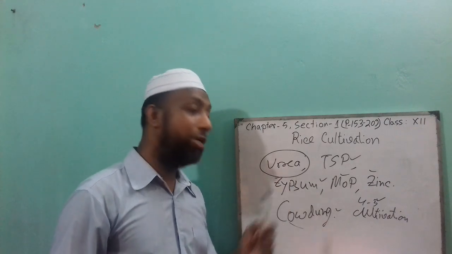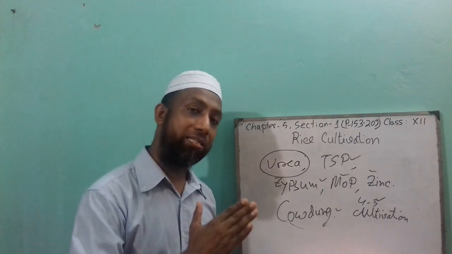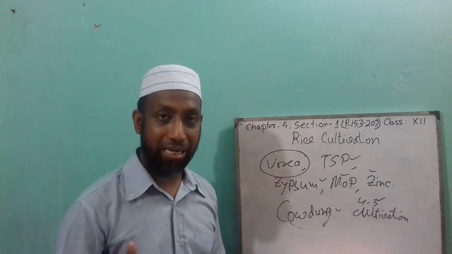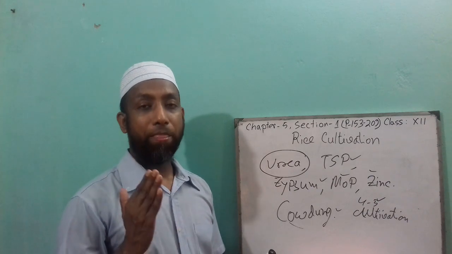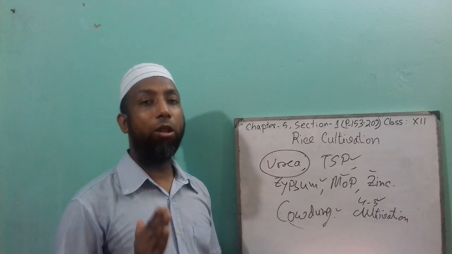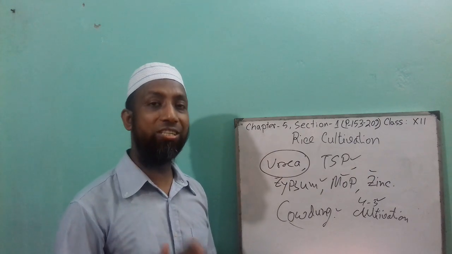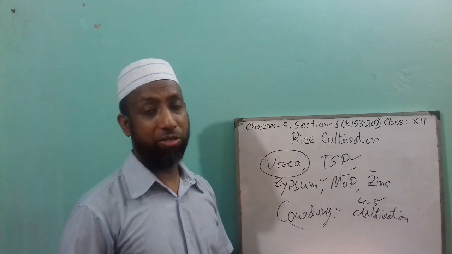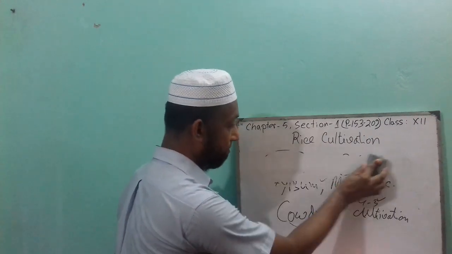But only urea you have to apply in installments: first 15 days after seedling, then 15 days later, then 15 days later. Or take the advice of the local agriculture officer. This is the best decision, to take the advice from the local agriculture officer. This is the fertilizer application.